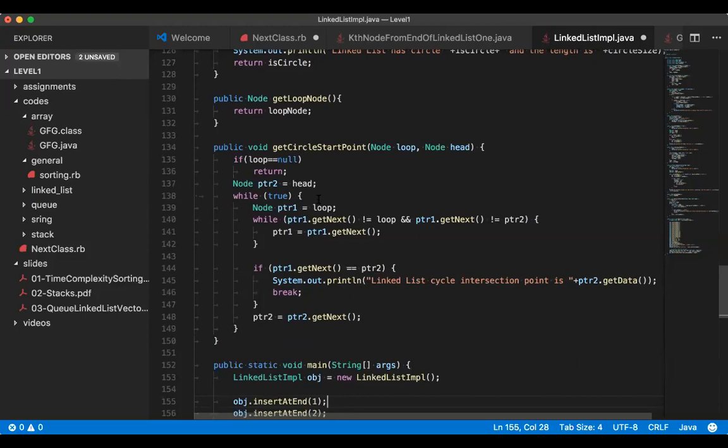So the loop pointer I will keep on moving. At this point, you have one pointer at head, and one pointer where they met, pointer 1. These are two things. If I didn't meet there, then I will increase the loop pointer to the next node, ptr1.getNext.